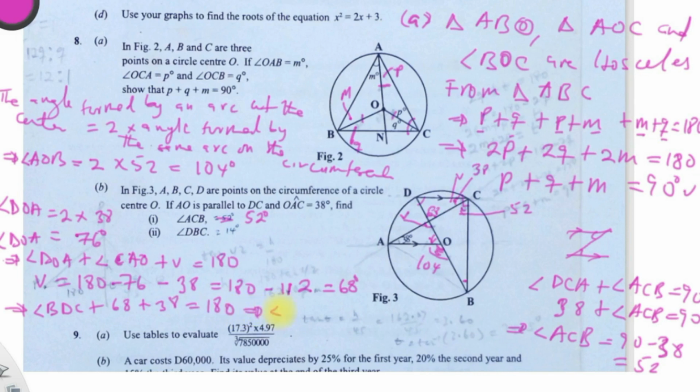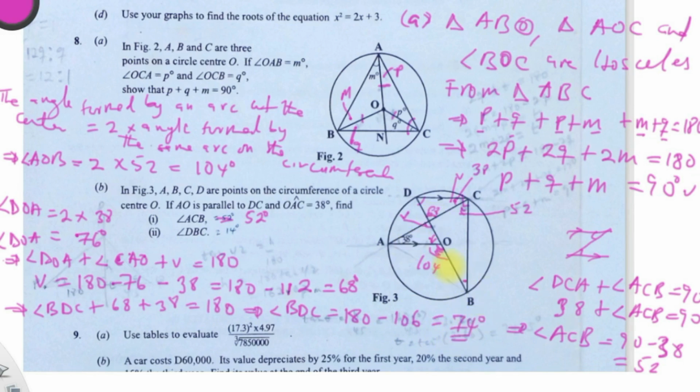So angle BDC will be equal to 180 minus, so 38 plus 68 is 106. So minus 106. 180 minus 106 is 74 degrees. Okay, so we have this 74.